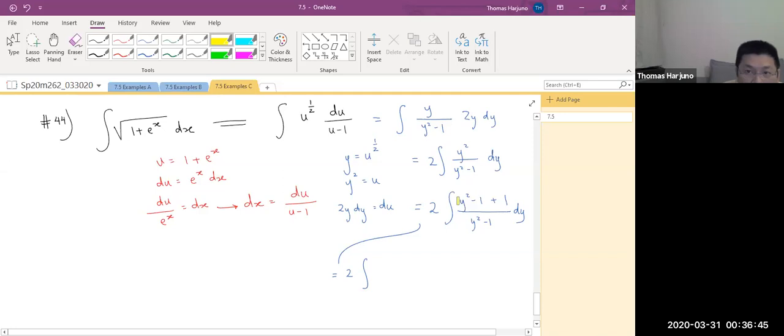When we divide, we will get this and that. You see how I played it? So the yellow one now becomes 1 plus 1 over y squared minus 1 dy. You see that?